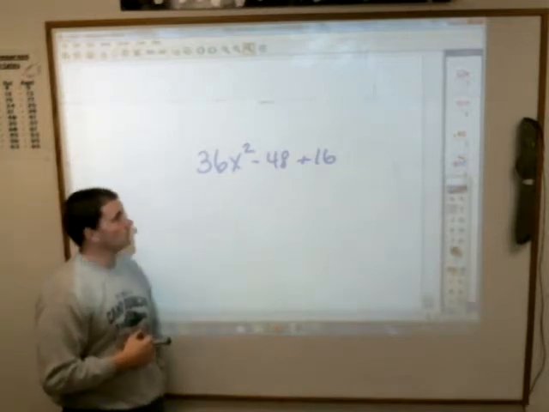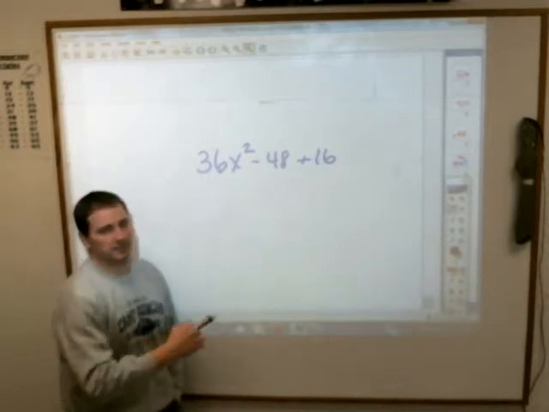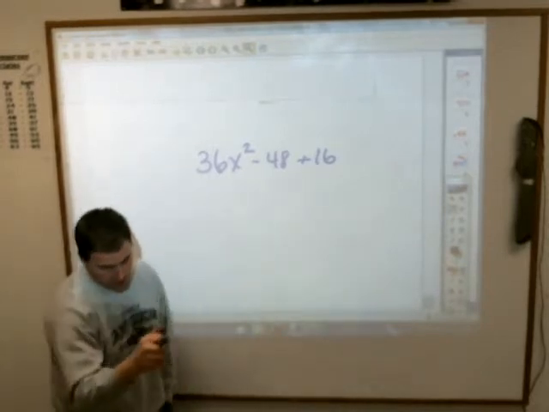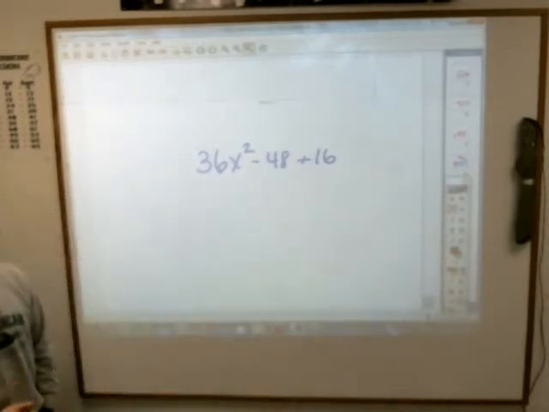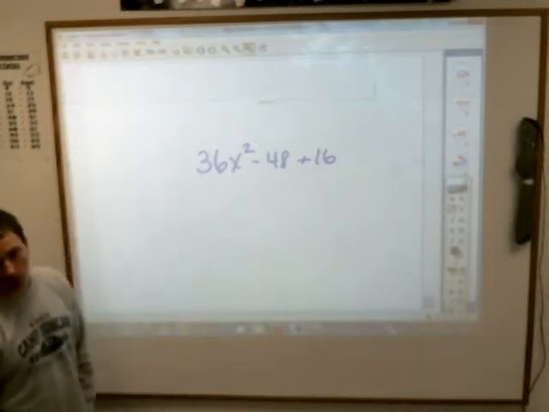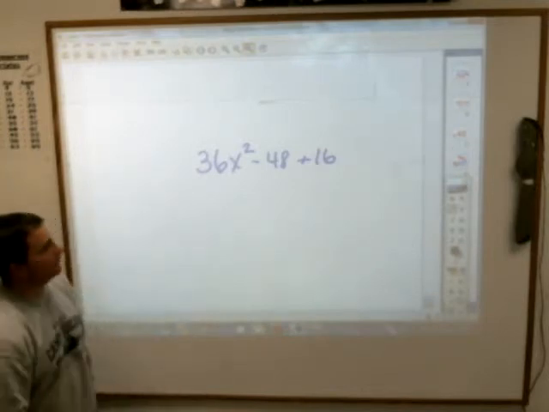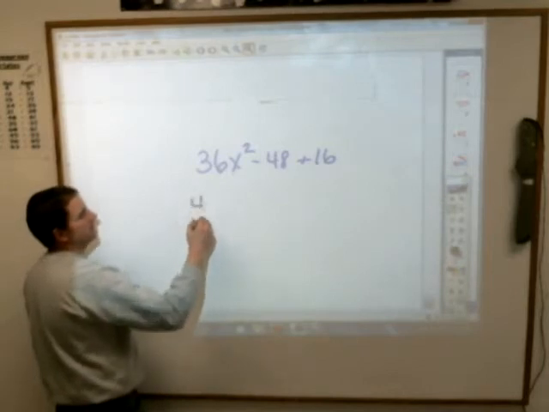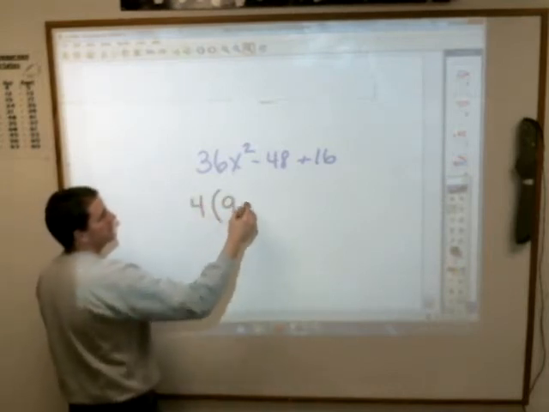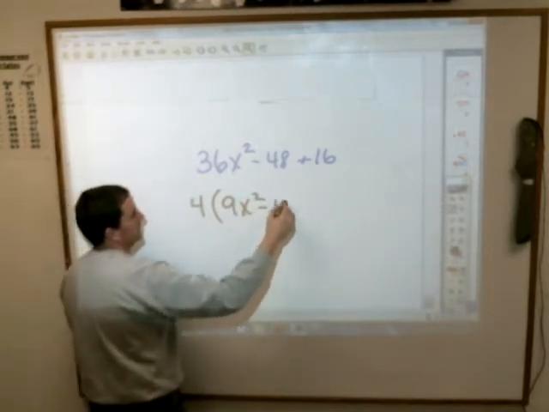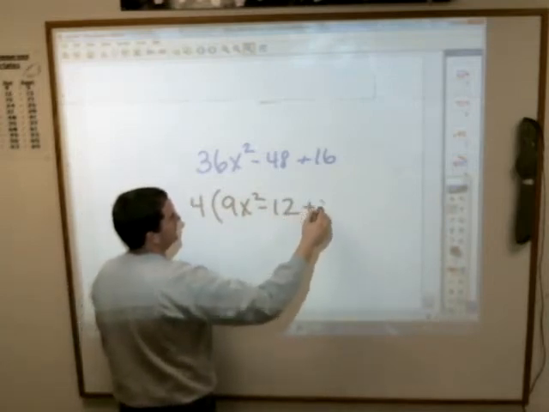I got 6. You can't take 6 out of 16. But you're close. You can go a little higher than 2. Take out a 4 and see what happens. When you take out a 4, you're left with 9x squared minus 12x plus 4.